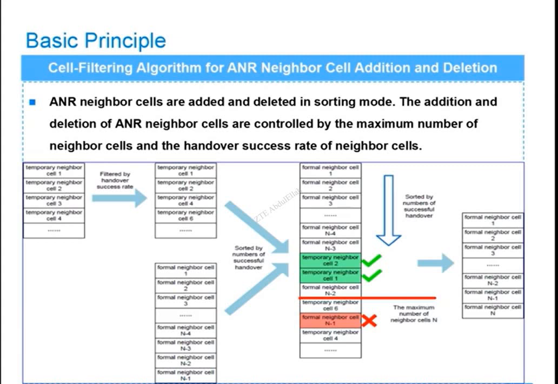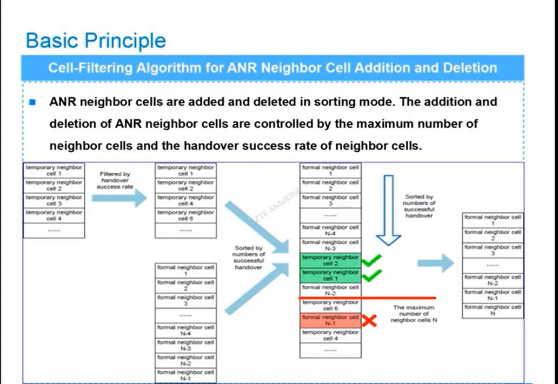We cannot always add neighbor cells without limit. So during this procedure, it will perform cell filtering. We only consider the strongest and the fastest neighbor cell, and add it to the serving cell. As we see in this picture, it shows how the cells are sorted.